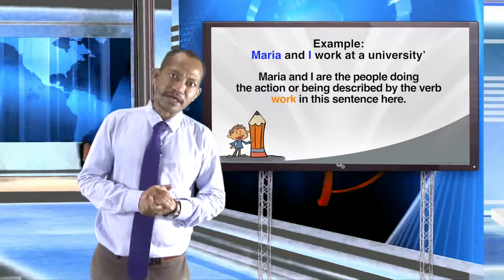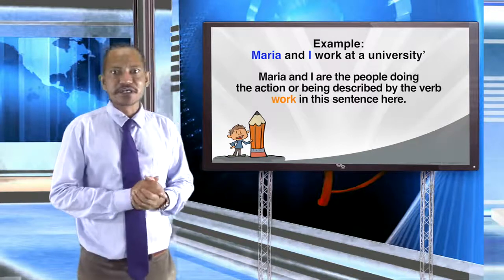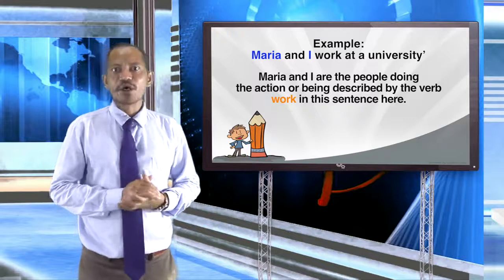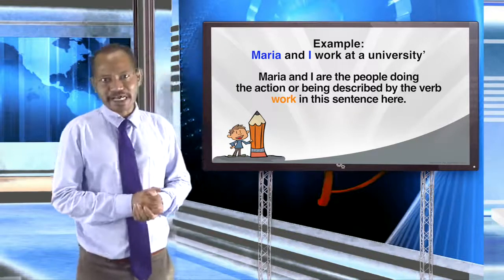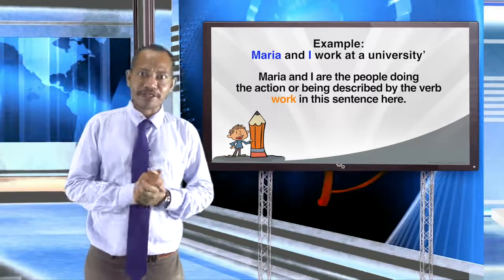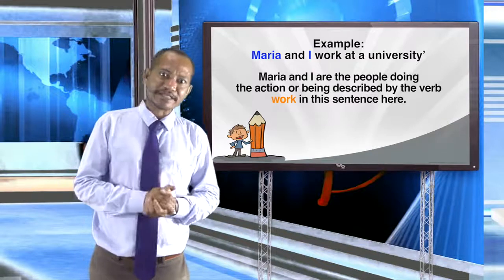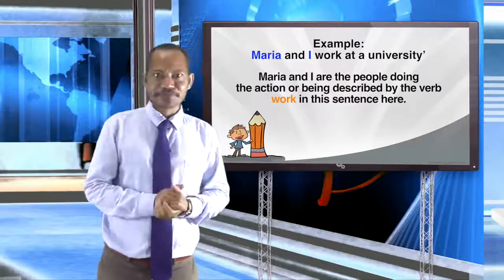Both Maria and I are used as the subject of the sentence, because Maria and I are the people doing the action or being described by the verb work in this sentence.